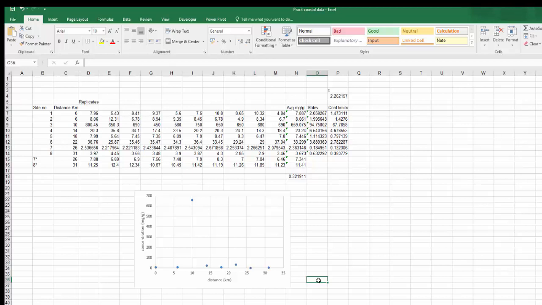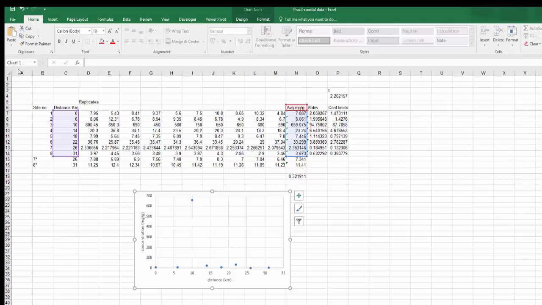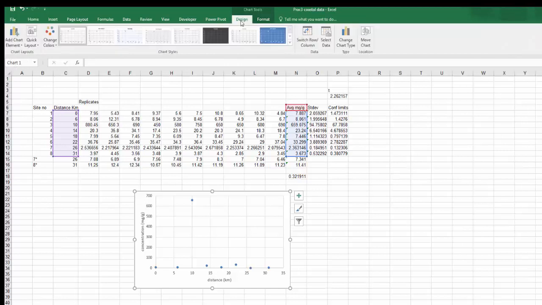Now, most important for this exercise, we also need to add error bars. We've worked out our confidence limits. We need to transfer these onto the graph. To do that, we again select the graph, go to design, and then add chart elements, one of which is error bars.